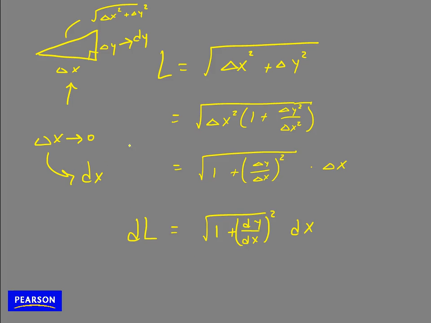If we want our total length L, the total length of the entire curve from a to b, we just want to integrate. We integrate this from a to b, and we get the square root of 1 plus, well, what's dy over dx? That's the first derivative of our function, squared, and we're integrating that with respect to x.